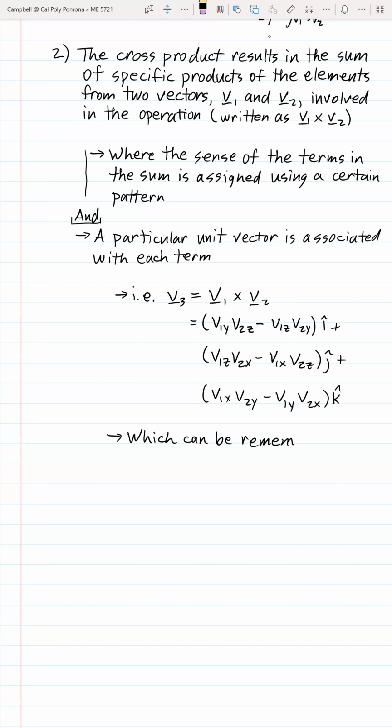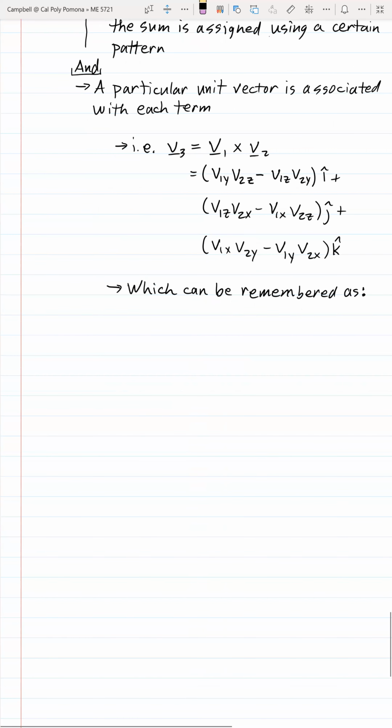So this can be remembered as, and I know again there are a variety of different ways of remembering this, but this is the one I find most convenient, where you just write out i hat, j hat, k hat. Let's leave off on the next 2 columns.